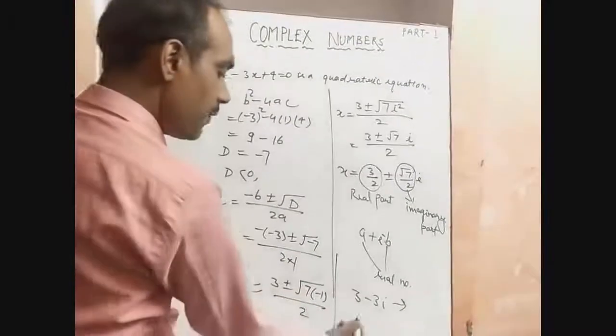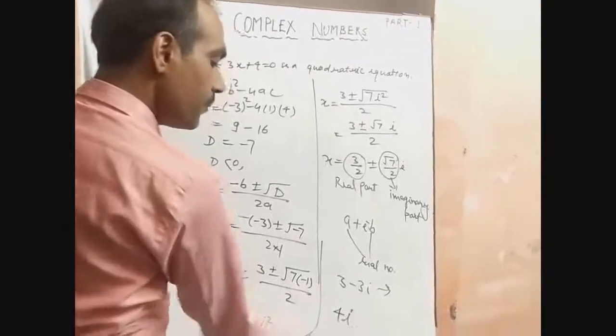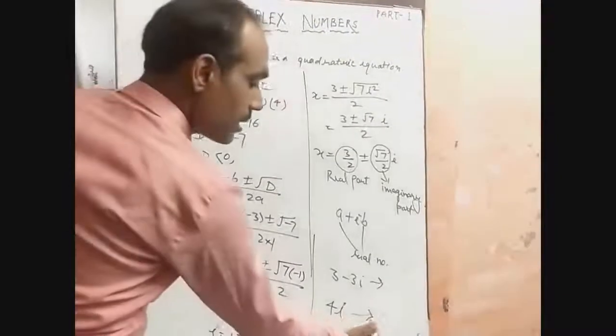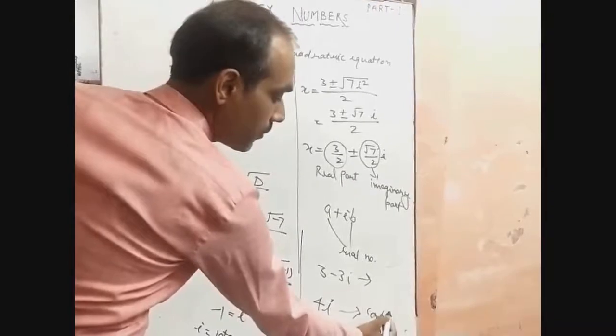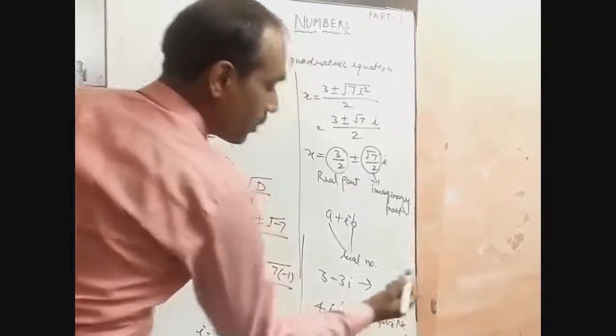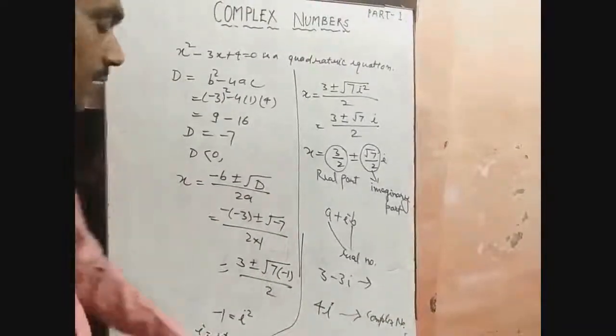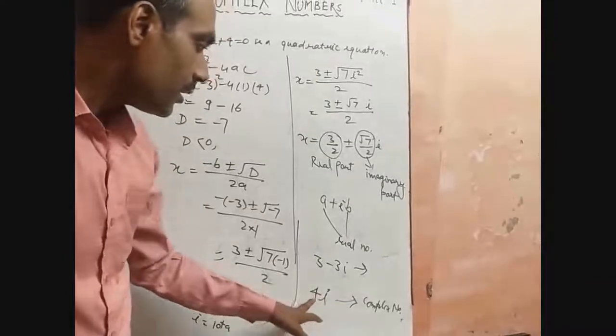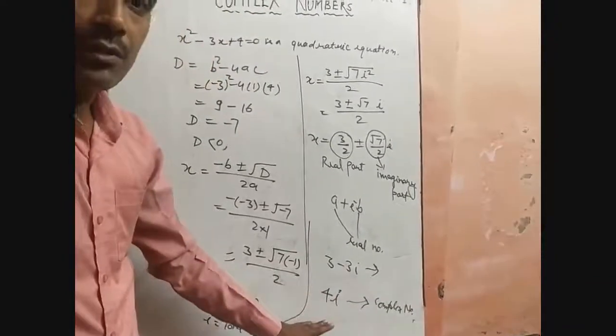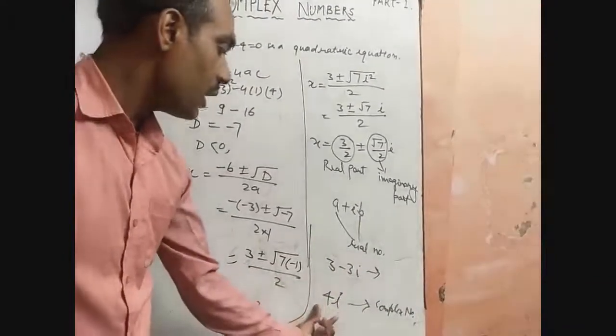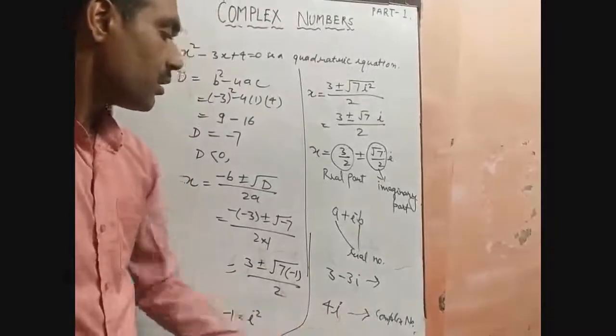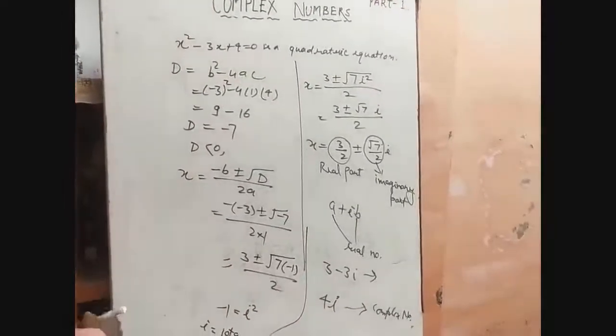And if anywhere 4i is written, this is also a complex number. Okay. But here the real part is 0. It means this is a purely imaginary number. Okay.